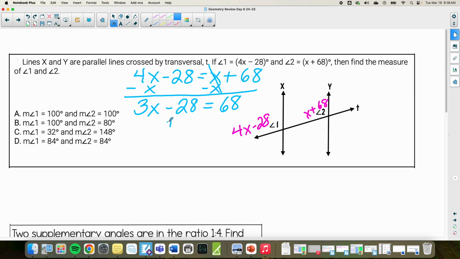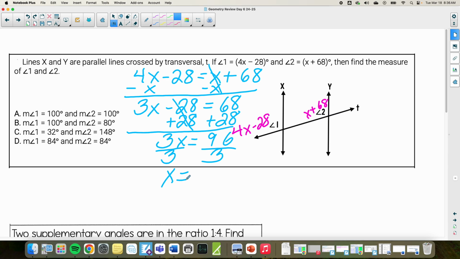Then I'm gonna add 28. And I'd get 3x equals, this would be 696, divide by 3, and x would be 32. Now notice we're not done yet, because what they want is they want us to find angle 1 and angle 2.